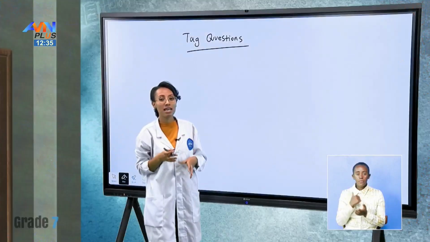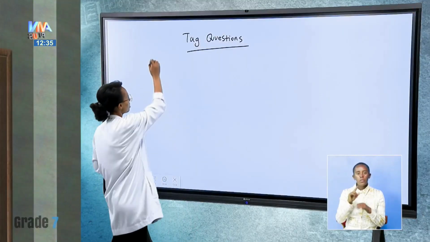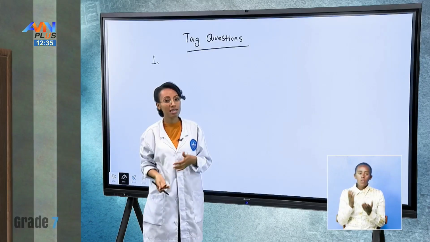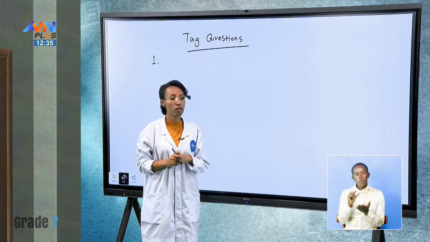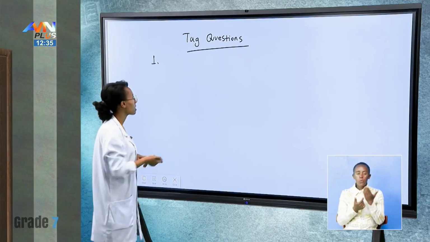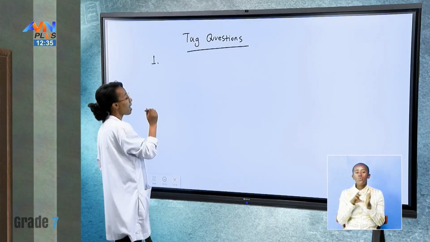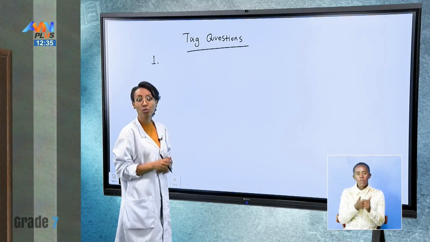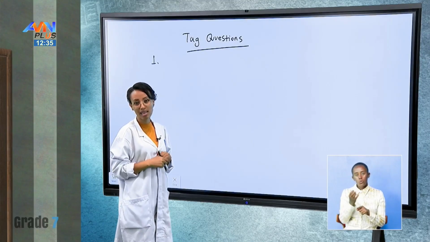We have said a few things about tag questions in our earlier class, and we also revised a few things. The first thing that we talked about is the rules. We have said one or two rules that you must follow when you are using or making tag questions.